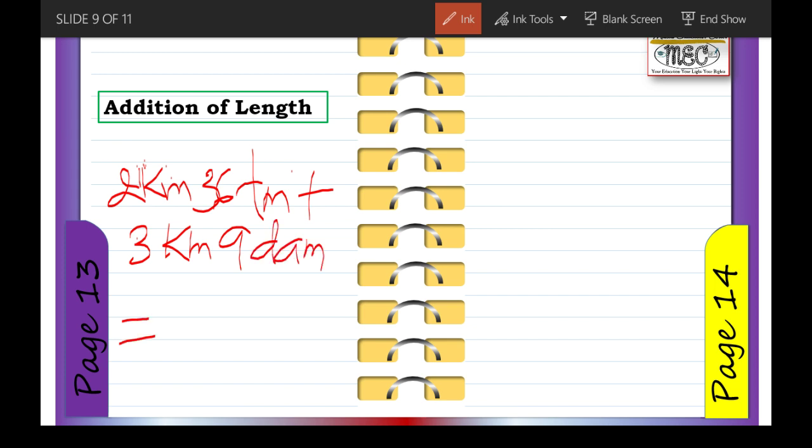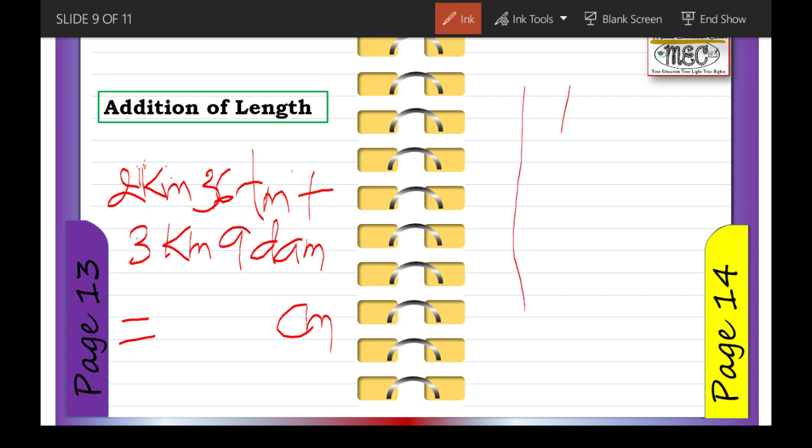This is equal to how many centimeters, for example. Now here what you have to know is that when they write this, you must know that 2 kilometers 36 decameters is the same as writing 2.36 kilometers. I will show you that.